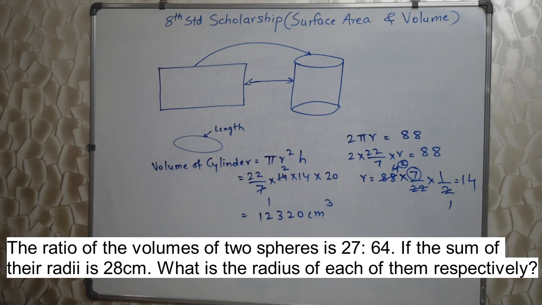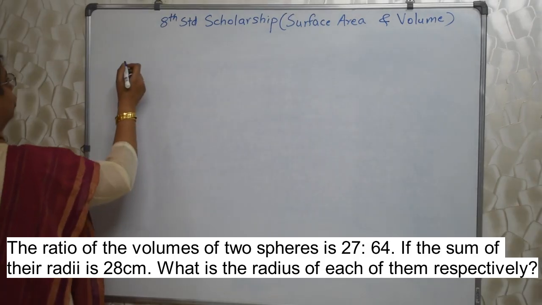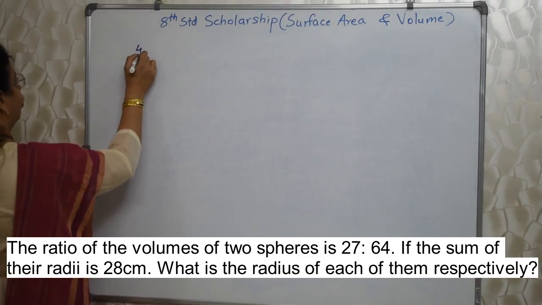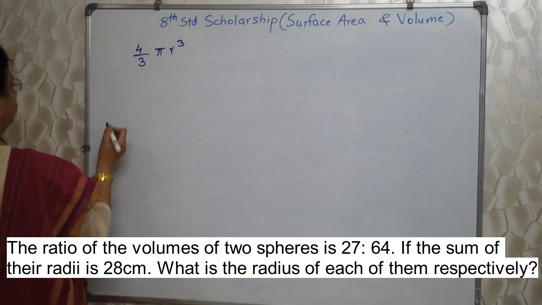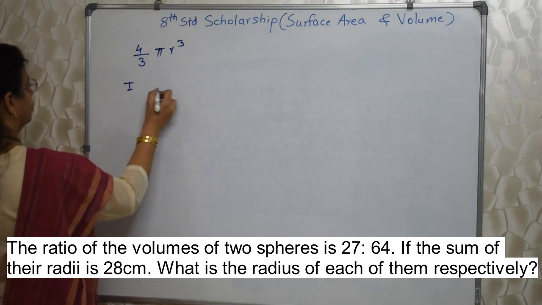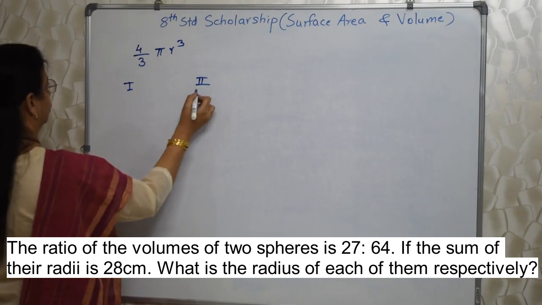The ratio of the volumes of two spheres is 27:64. If the sum of their radii is 28 centimeter, what is the radius of each of them respectively? Students, here you are expected to know the formula of volume of sphere, that is 4 upon 3 pi r cube. There are two spheres, sphere 1, sphere 2.